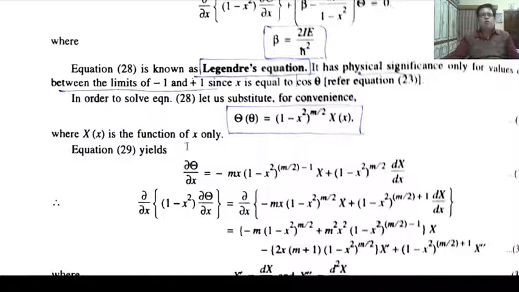For convenience, its solution is Θ = (1 − x²)^(m/2) X, as a Legendre equation solution.